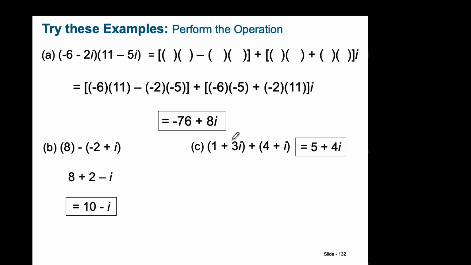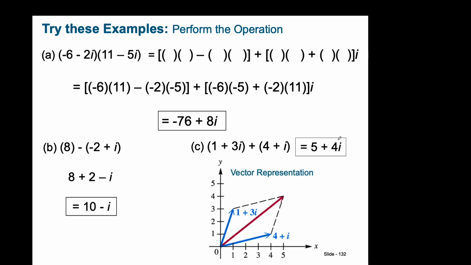What I want to move on to now is looking at the representation of this. Each of these can be represented by a vector, so that's why this is called vector representation. The first vector right here, 1 plus 3i, you start at the origin, okay? You go over to 1, and then you go up 3 units.